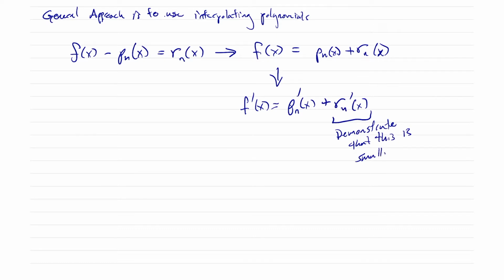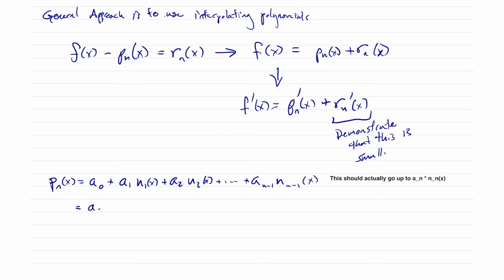Okay. So let's go ahead and get into it. So using Newton's formula, what we're going to get is this. We're going to have Pn of x is equal to a naught plus a1 times n1 of x plus a2 times n2 of x plus all the way up to a n minus 1 times n sub n minus 1 of x, right?